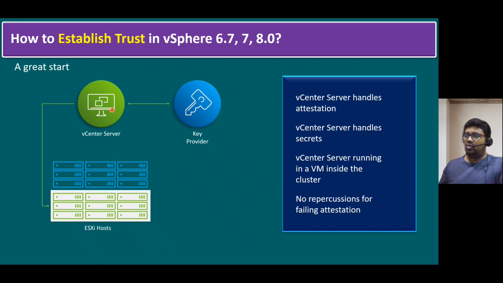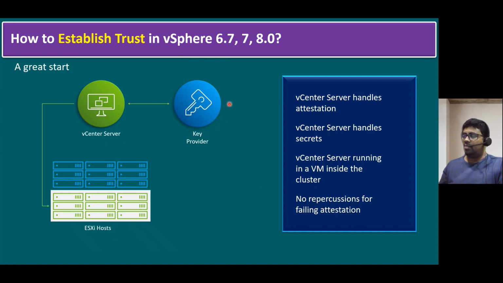That key provider we can configure within our vCenter. This will help you to protect our ESXi host. That point I highlighted here: vCenter server handles attestation, vCenter server handles the secrets, and vCenter server runs in a VM inside the cluster. No repercussions, that means no impact for failing attestation.